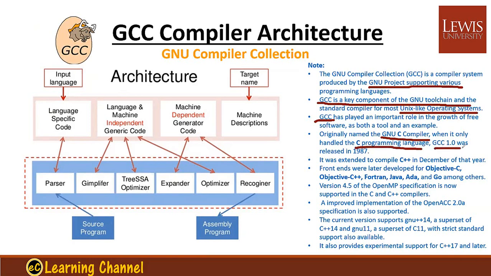It's GCC 1.0, released in 1986, 87. I went into college in 86, so actually I am among the first group of people to try GCC 1.0 when I was little.